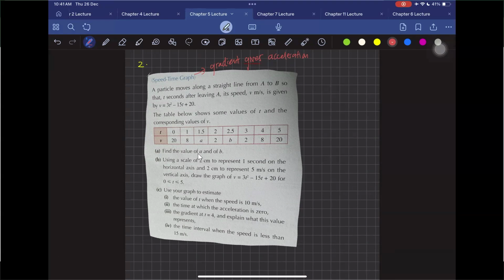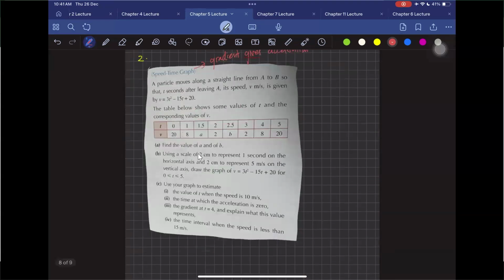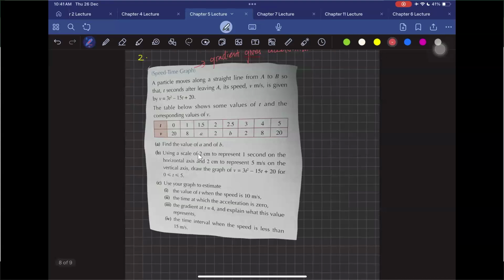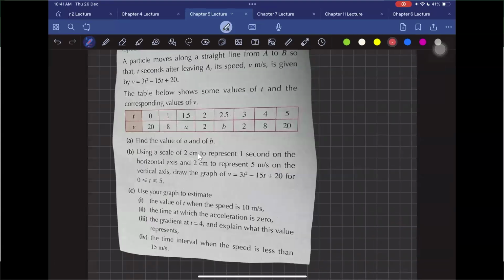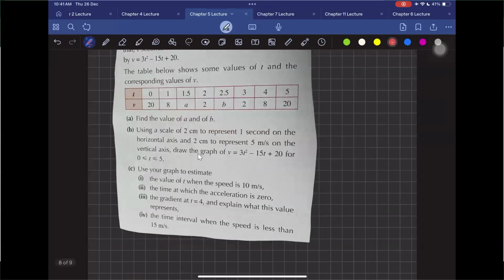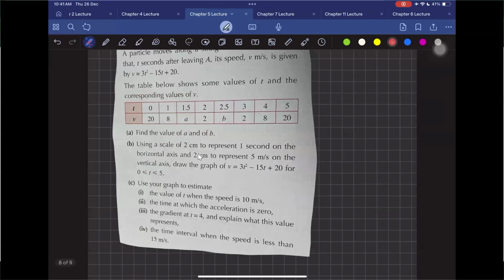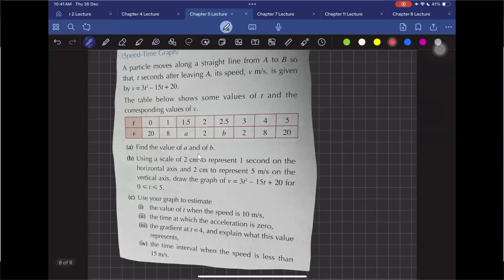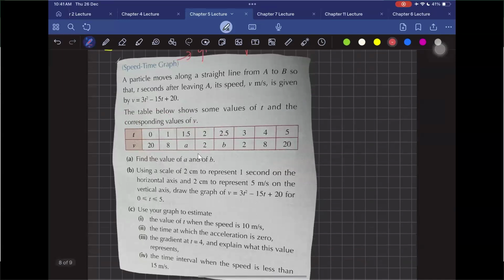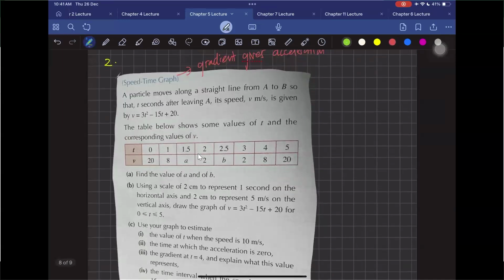Question 2 is a speed time graph. You are given the equation of the velocity, which is 3t square minus 15t plus 20, and then they have given you these values. The first step is to find your values a and b, which should be fairly simple. You know your t here, you're given the equation, so just substitute. Your v is equal to 3 times 1.5 square minus, and so on.